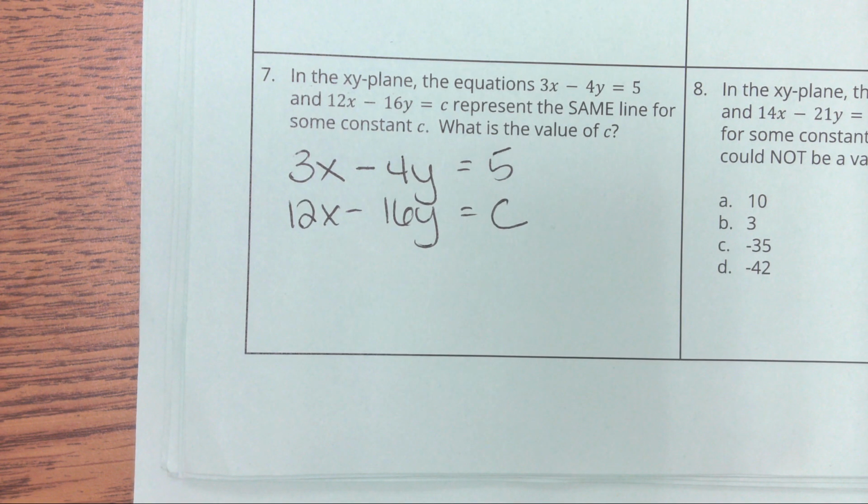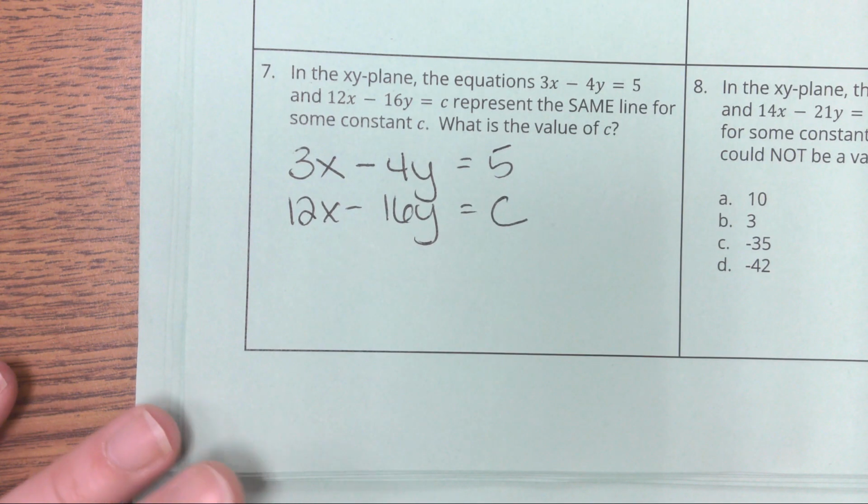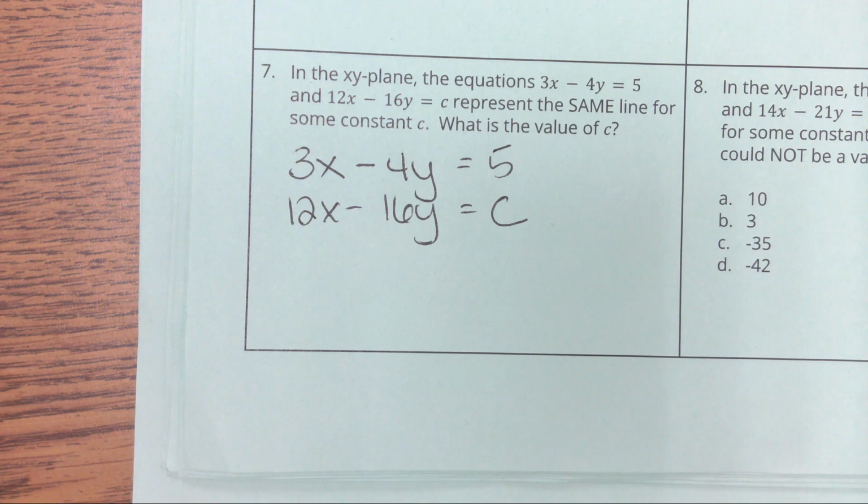This is a little different question because I'm not necessarily trying to solve it. I'm trying to figure out what c would have to be to make it true. I'm going to show you a little trick that always works. We've been taught that you can multiply a row by something to get to the other row.